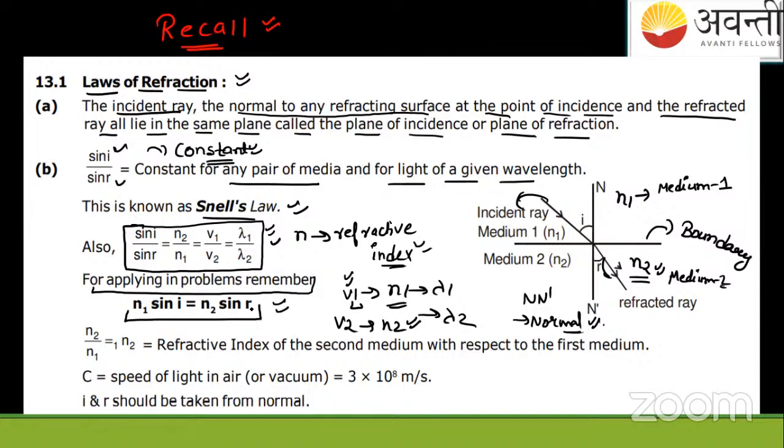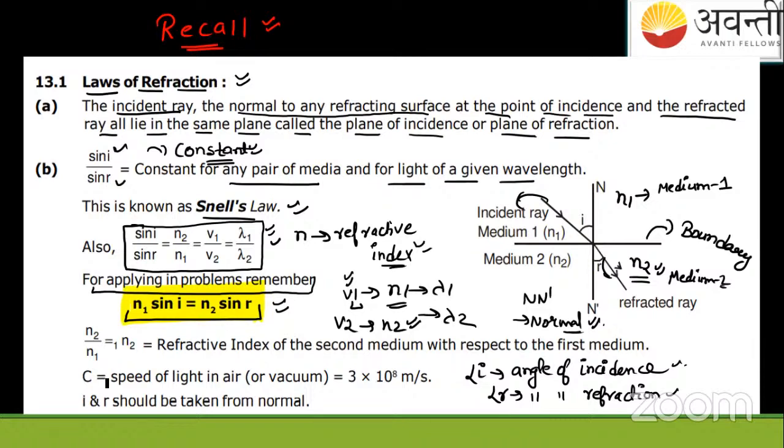That is n1 sin I equals n2 sin R, where I is the angle of incidence and R is the angle of refraction. n1 sin I equals n2 sin R. Always remember this formula, it's very important, because I have highlighted it here also.